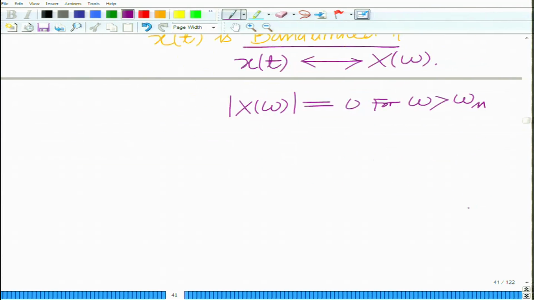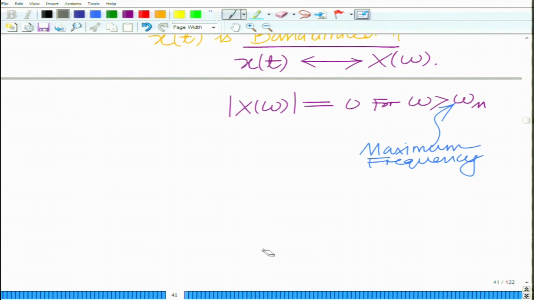So, omega m is the maximum frequency, and this plays an important role. We will talk more about this later. So, this is termed as the maximum frequency. All the frequency components in the spectrum X(omega) for omega larger than omega m, or omega smaller than minus omega m, are 0.